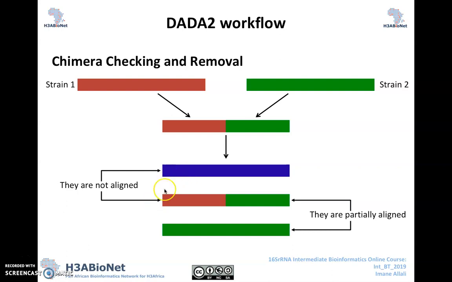It does not align, but it does still align with the end of this read below. But because the two reads are not covering completely the read in the middle, we cannot say it's a chimeric sequence. In this example, when you align it to this red read, you can say that half of the read aligned to the red one and the other half aligned to the green one. So it's very clear that this read in the middle is a chimeric sequence, and DADA2 will remove it from the sequence table.